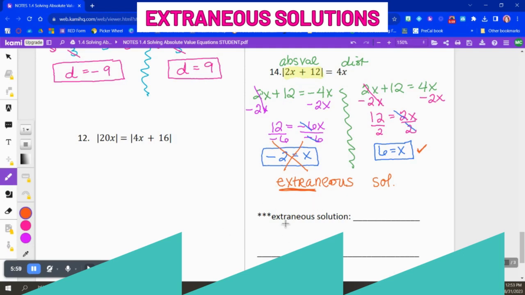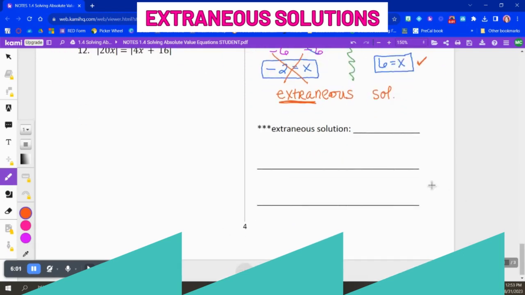So down here under extraneous solution, I need you guys to write in: an extraneous solution can happen. And I'm putting can. That doesn't mean it has to happen. An extraneous solution can happen when variables, V-A-R-S, on both sides of equation, EQ equation.